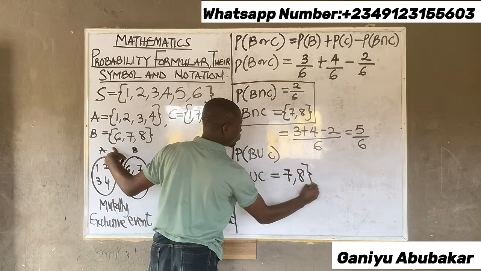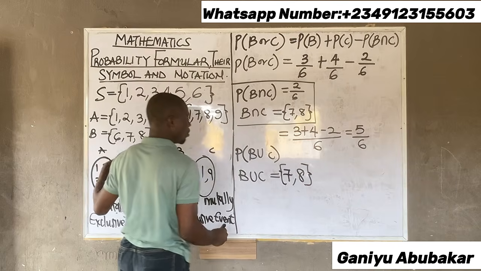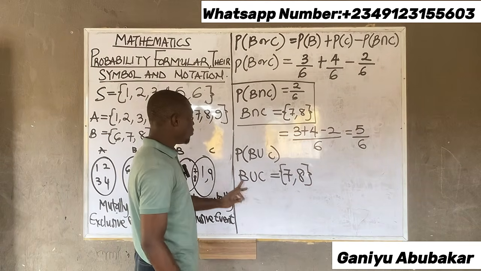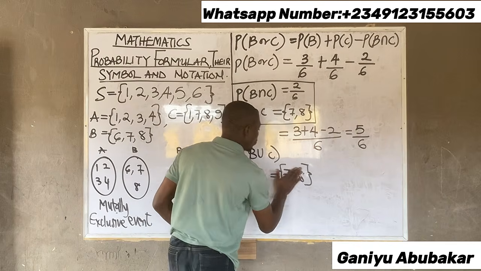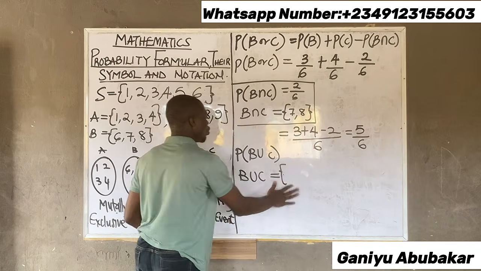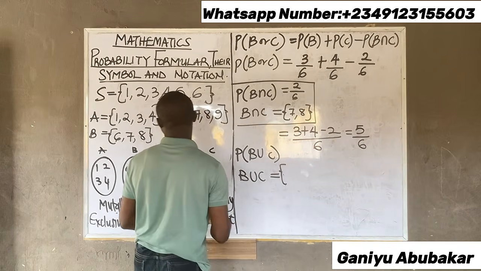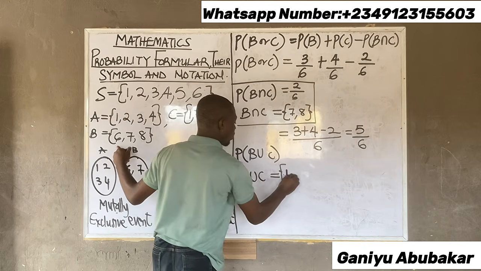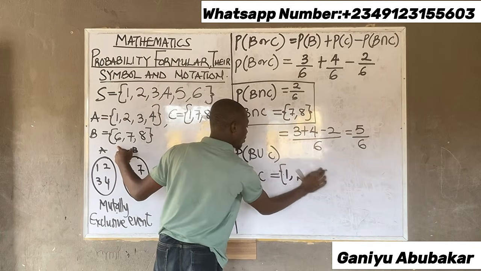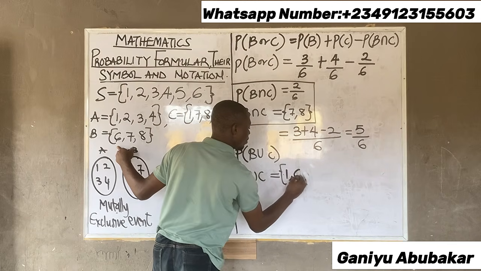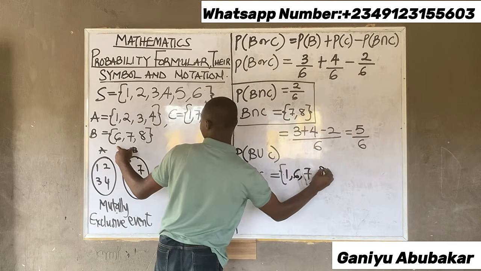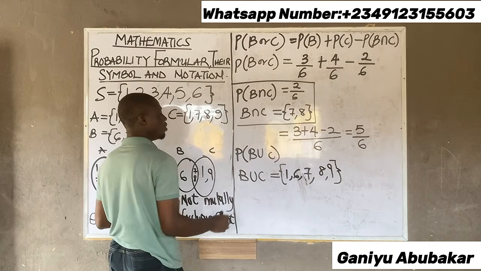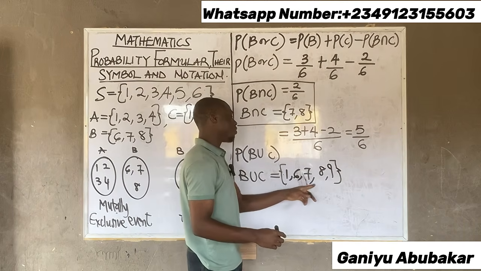But B union C is not this. When we say union, union is the combination of the two of them. So B union C, combine B and C together. That's 1, 6, 7, 8, and 9. So combining B and C, B union C is 1, 6, 7, 8, and 9.